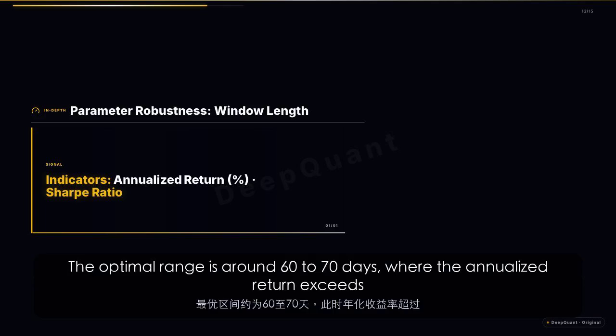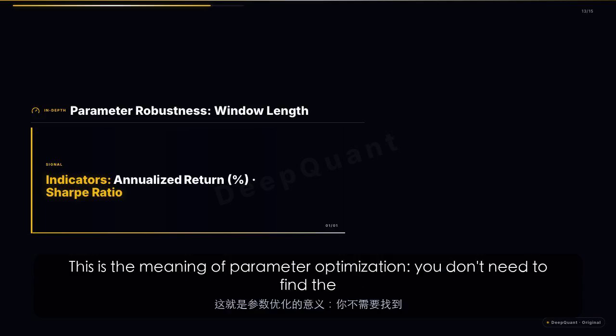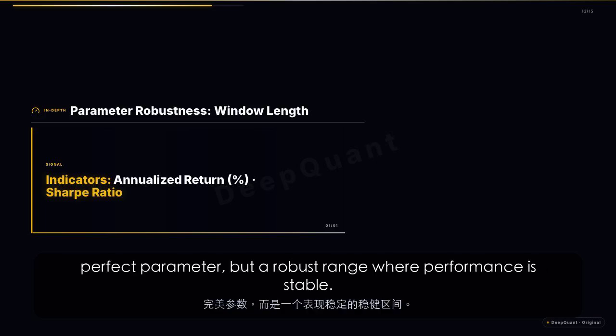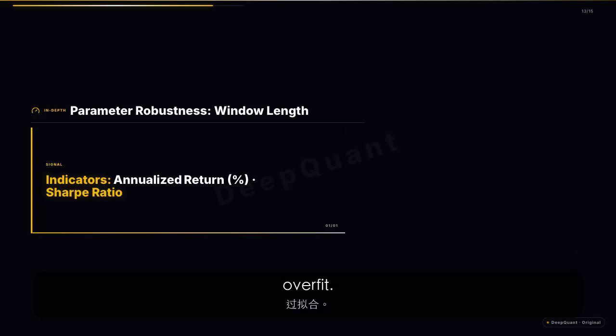The optimal range is around 60 to 70 days, where the annualized return exceeds 13% and the Sharpe ratio reaches 1.6. This is the meaning of parameter optimization. You don't need to find the perfect parameter, but a robust range where performance is stable. If a factor only works at one parameter and collapses at another, it's likely overfit.